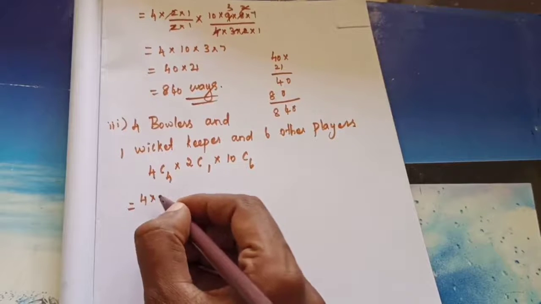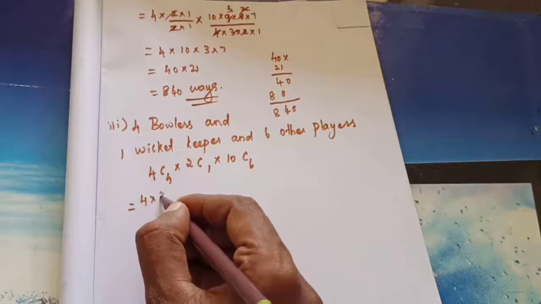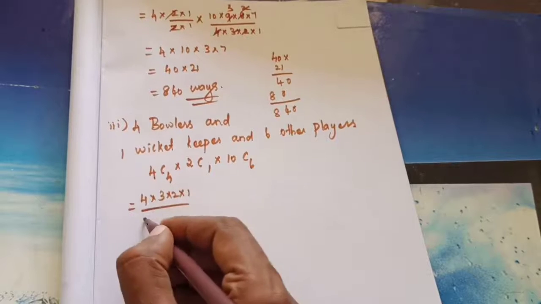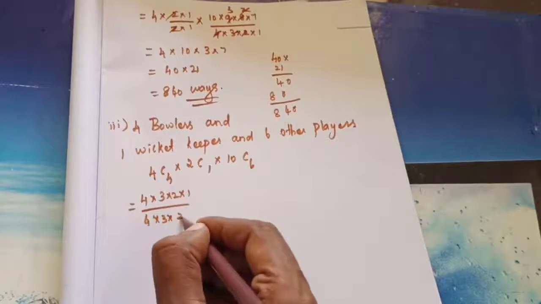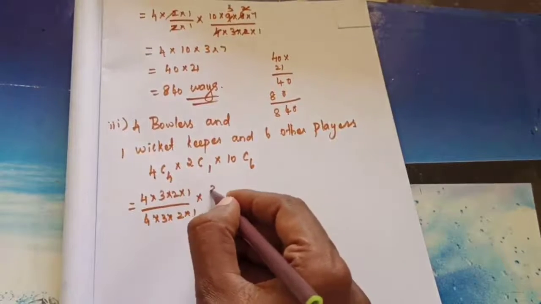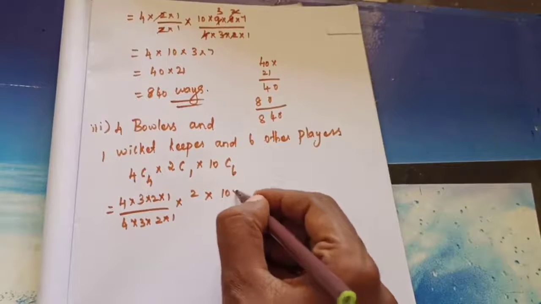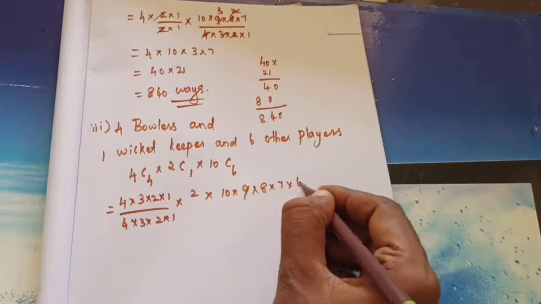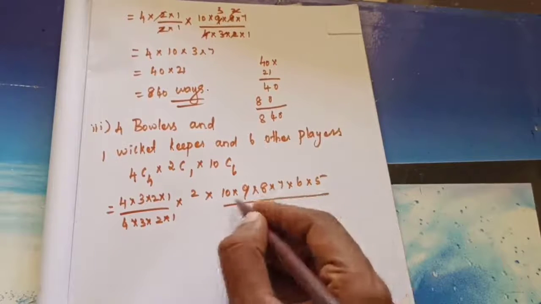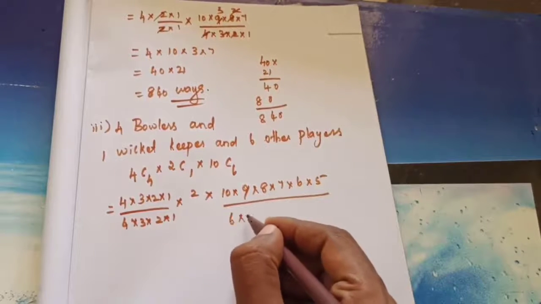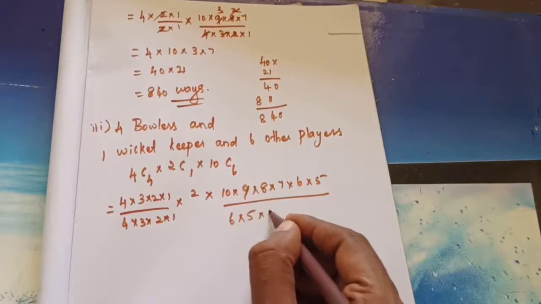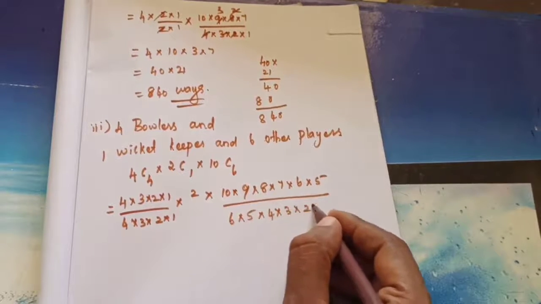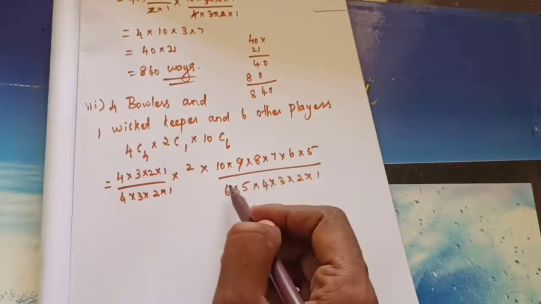That is 4 into 3 into 2 into 1 divided by 4 into 3 into 2 into 1. Already you know its value is 1. Then 2 into 10C6, which means 10 into 9 into 8 into 7 into 6 into 5 divided by 6 into 5 into 4 into 3 into 2 into 1. Cancel 6, 5.